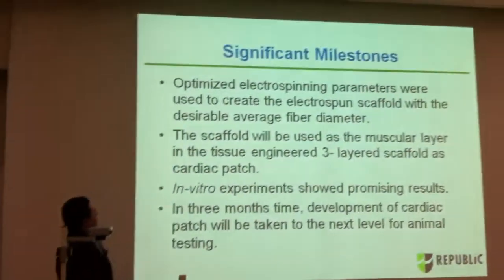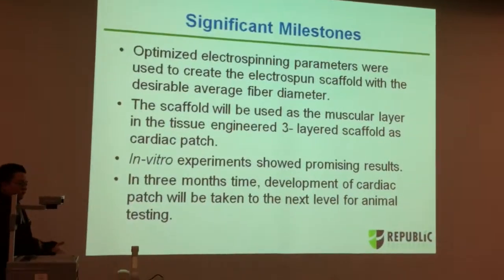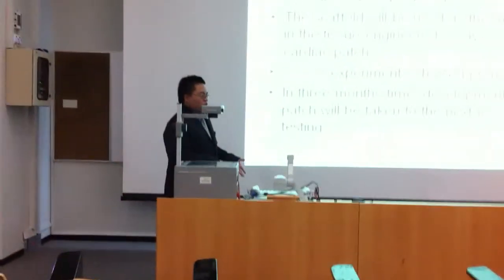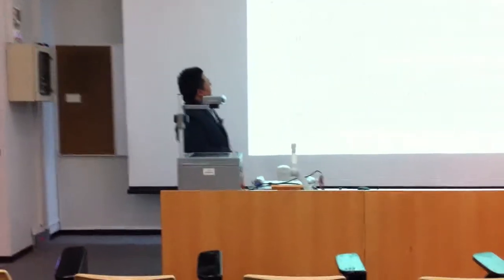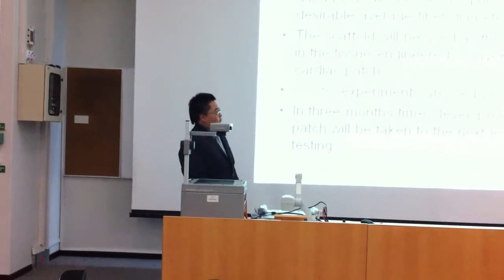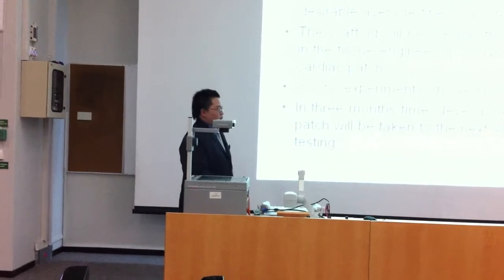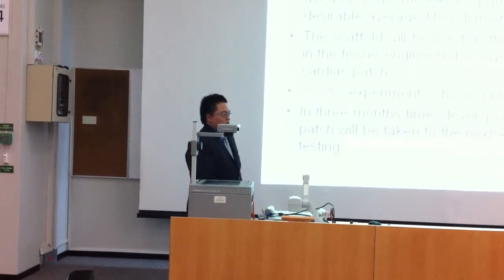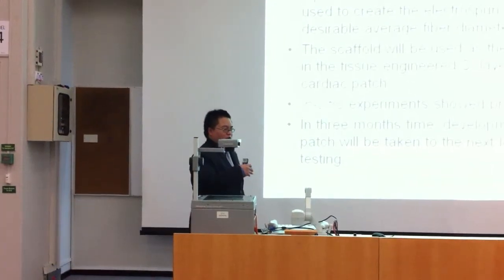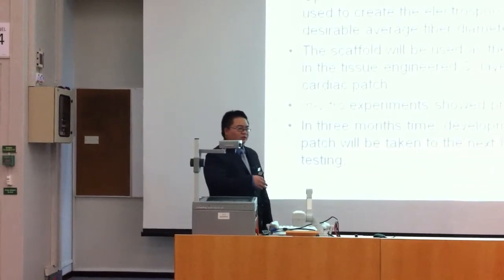So for the significant milestones, after this project was done, it was continued by NTU. The optimized electrospinning parameters were used to make the electrospun scaffold of the desirable average fiber diameter. The scaffold will be used as a muscular layer in a 3-layer scaffold intended to be used as a cardiac patch.